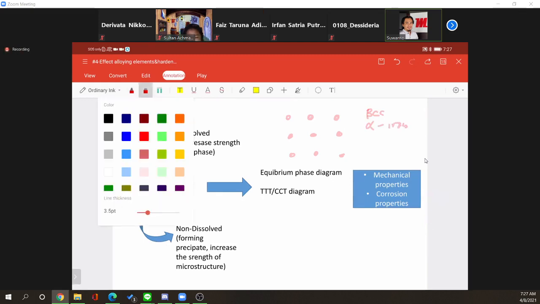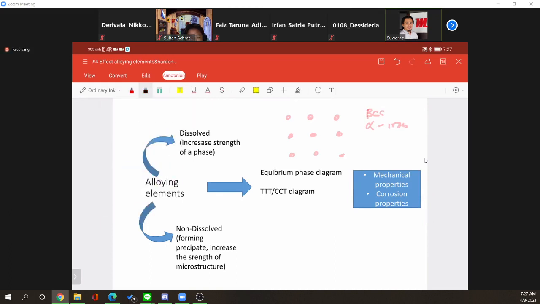If you put carbon, which is an alloying element too, it will sit in the interstitial, right? Interstitial can be somewhere here. You have carbon here, and here is iron.